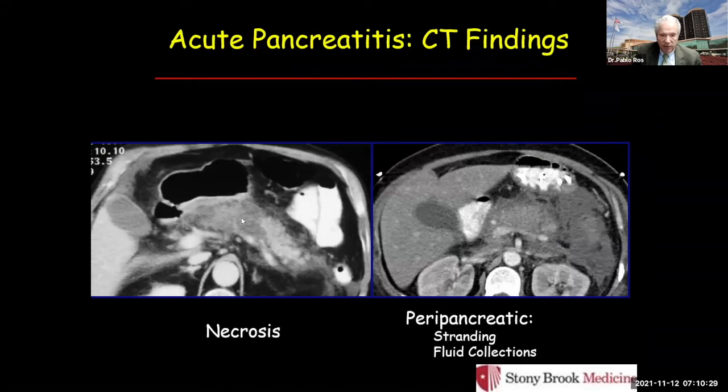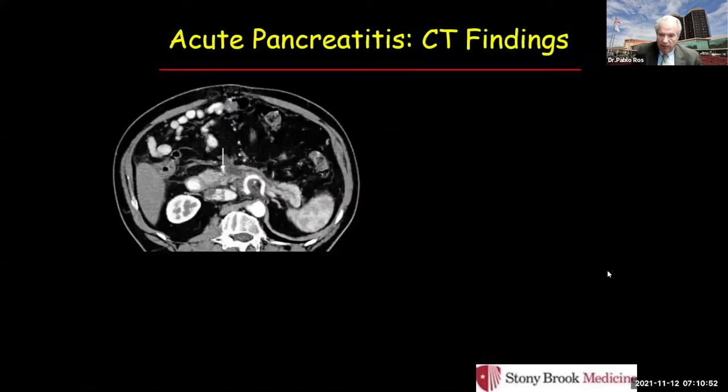Necrosis can be focal or can be larger, but this is an area of no enhancement. This area here, but also the body and head of the pancreas do not enhance. And then peripancreatic fluid collections and peripancreatic strandiness here more and more, with involvement of basically the entire retroperitoneum and also involvement of the GI tract.